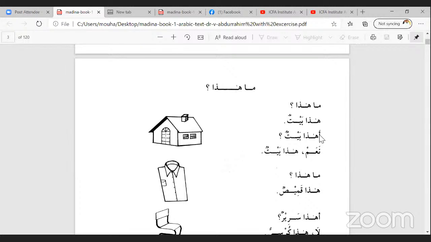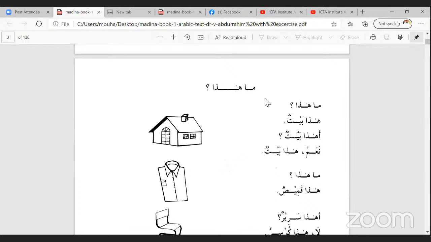Whenever you put the particle Hamza at the beginning of a sentence, it turns it into a question. Example, أهذا بيت? Is this a house? It doesn't mean the same thing as ma. You cannot say ma hadha baytun. That's not correct.